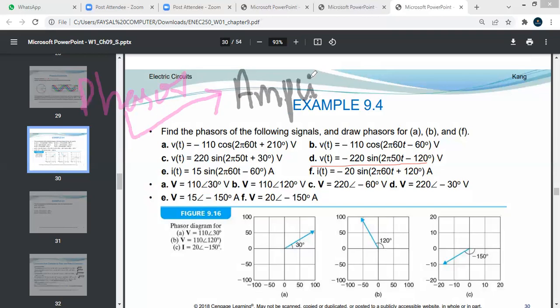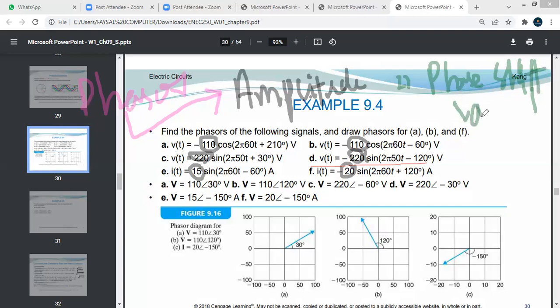For amplitude, this value is my amplitude for A, C, E, B, D, and F. And the second value is my phase shift value.